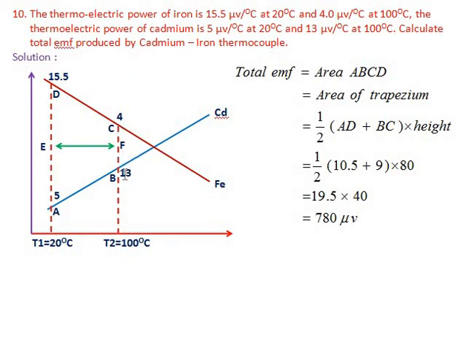Clear? So that it is equal to 9. Clear? Into height, that is this height. So here it is the temperature difference. We can take 100 minus 20. This height is equal to 80. So solve it. Simple problem. You will get 780 microvolt.